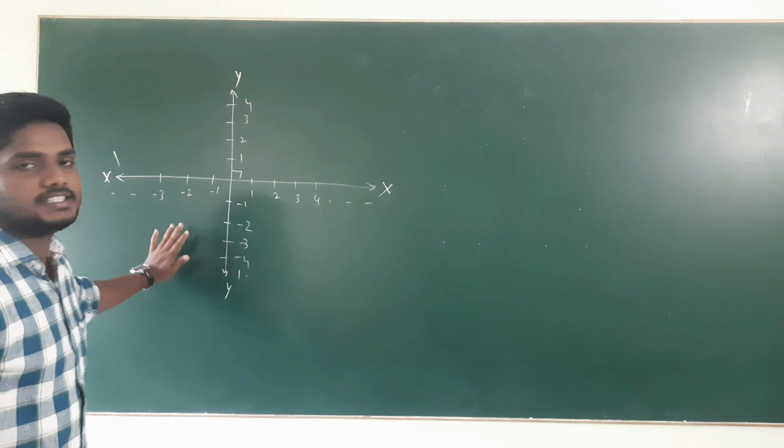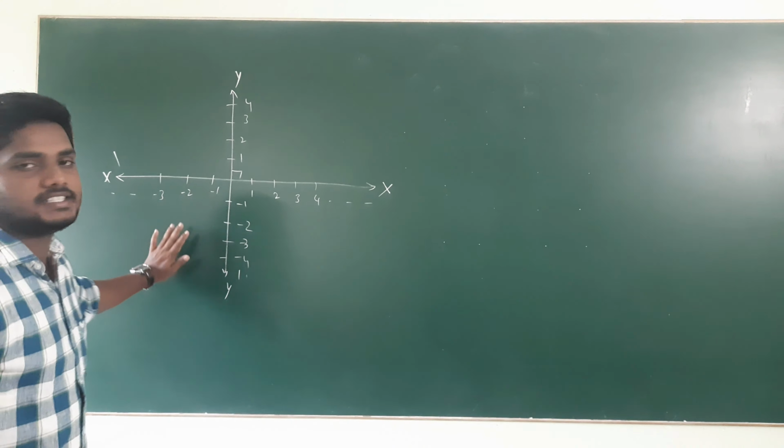You may get a doubt: sir, you have drawn a line through 3 comma 0, so this side part will be more when compared to this. But up to where does it go? Infinity. So in that infinity, does this 1, 2, 3 matter? No, it doesn't matter. So that's why I consider these as the left half plane and right half plane.